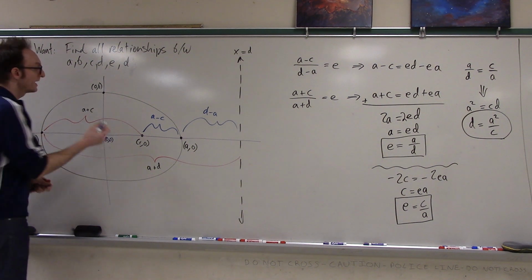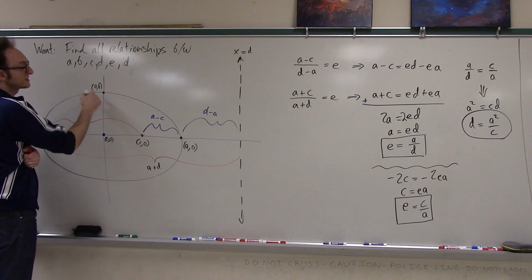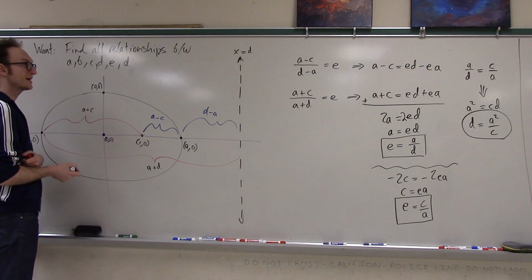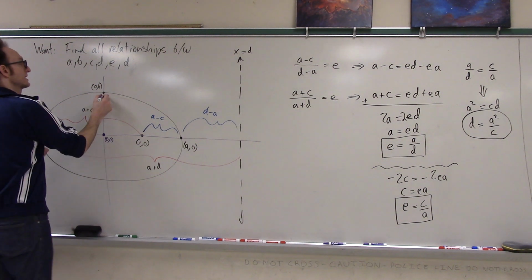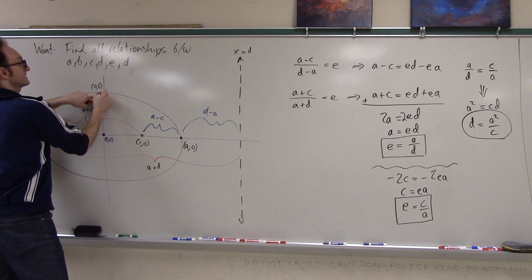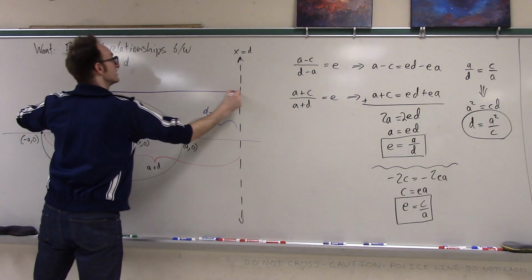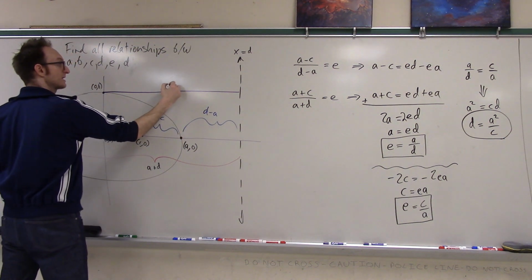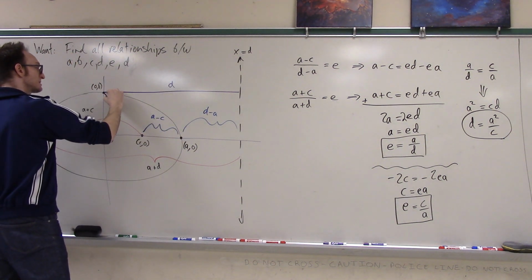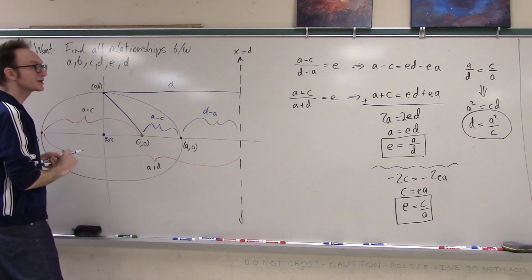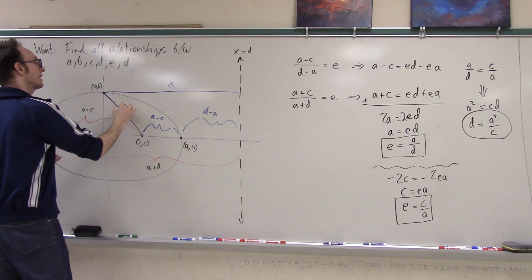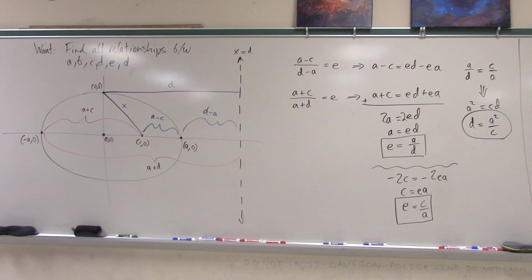And so, what is the definition? Well, the distance to the focus over the distance to the directrix has to be E, the eccentricity. And so if I take what is the distance from this point to the directrix, well, it's D. What's the distance to the focus? I'm not sure. Let's temporarily call that like X or something.